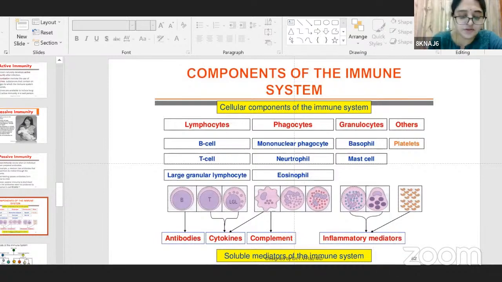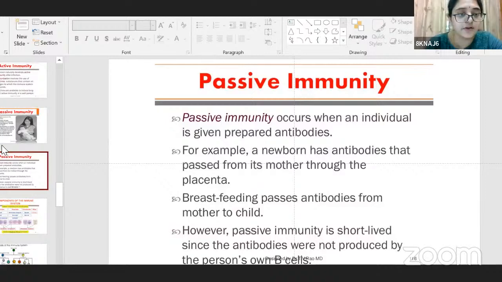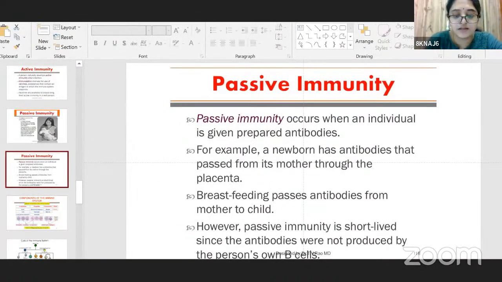So when it comes to the differences between active and passive immunity, it's given very well in your textbook. Active immunity is produced by the immune system of the host. Passive is received passively by the host, and the immune system of the host is not participating in it.